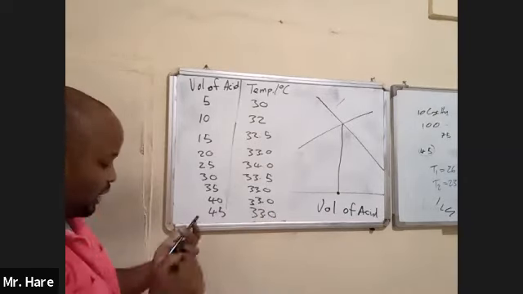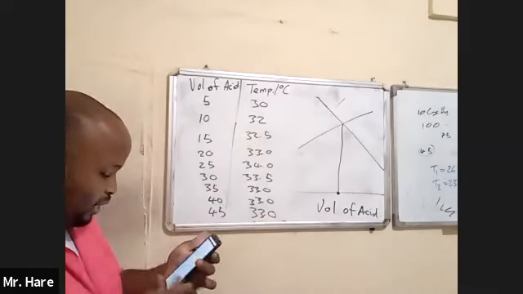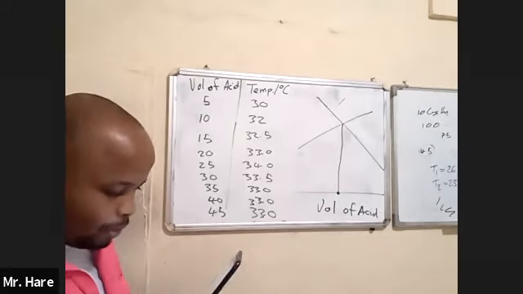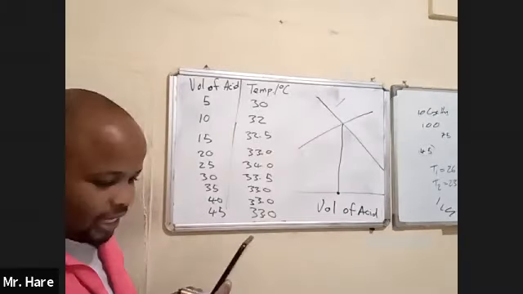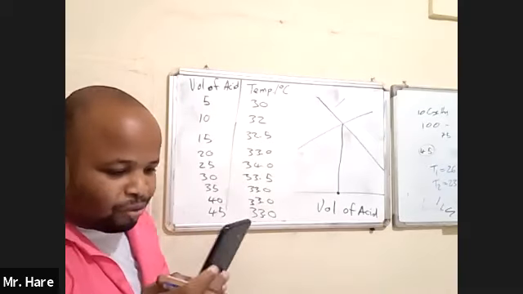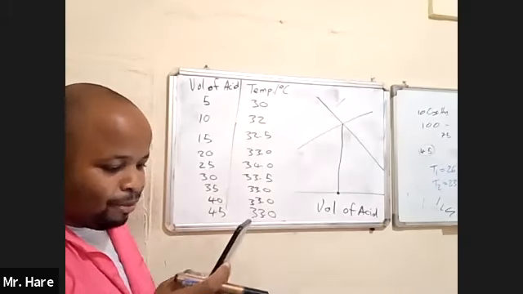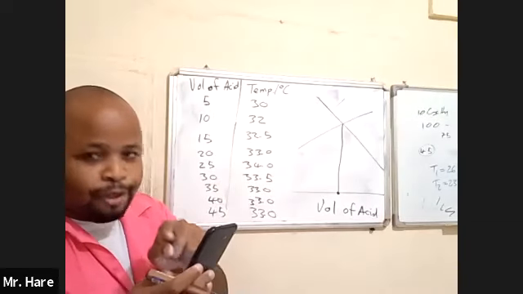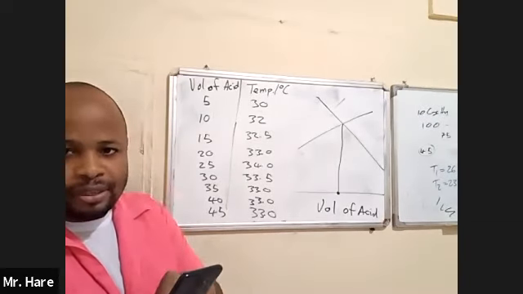All right, so this question is from 2015. And it says, in a thermometric titration, 25 cm³ of 2 moles per dm³ sodium hydroxide were used to determine the concentration of hydrochloric acid. Use the table below to plot a graph of temperature versus volume of acid.